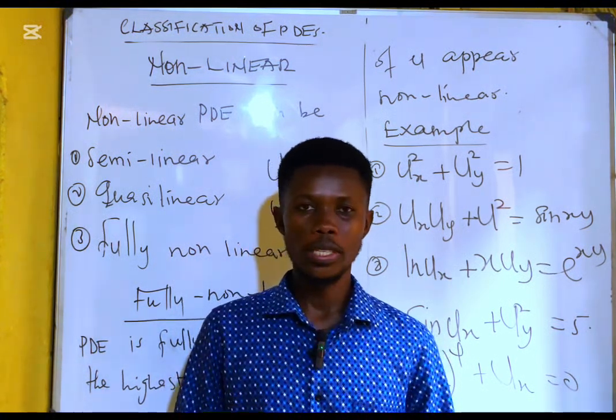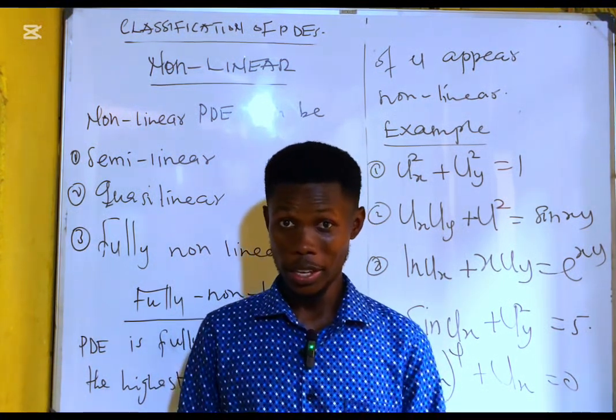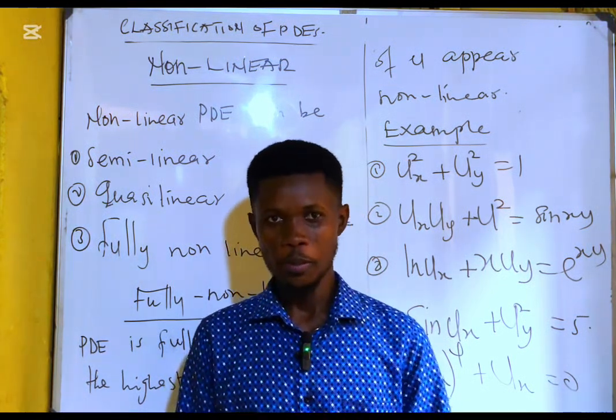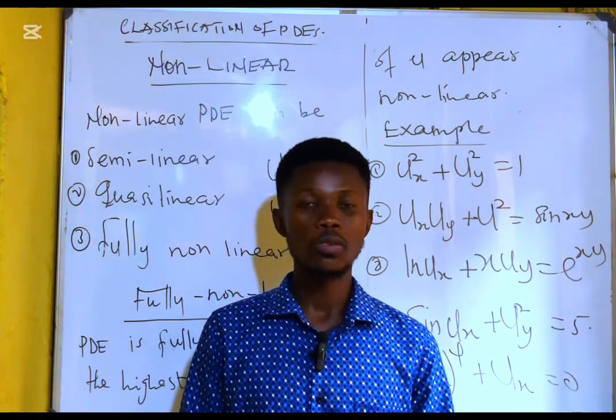So you should take note of this. Understand this one clearly, and it's very, very important. I know why I'm saying that. Understand it, because when it comes to exams, it's very, very confusing.